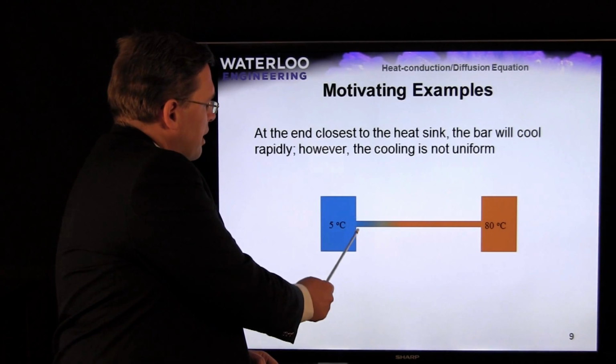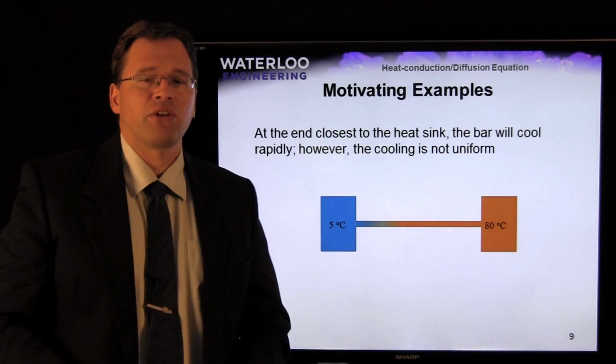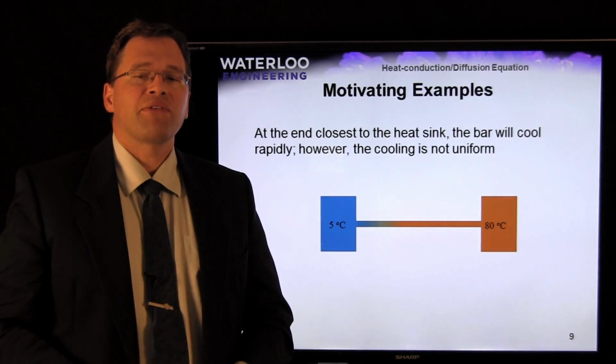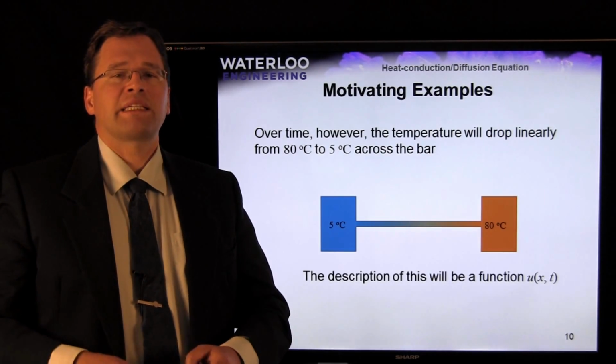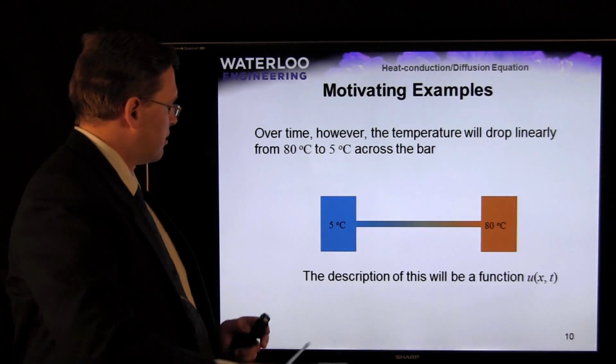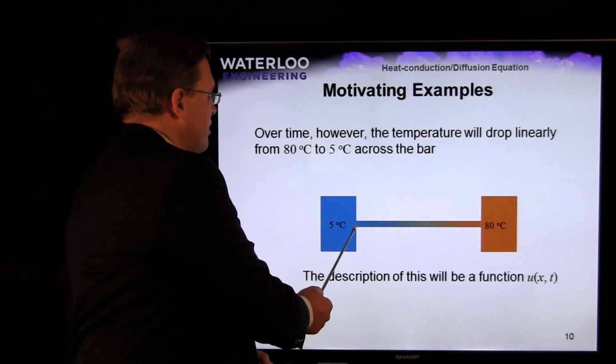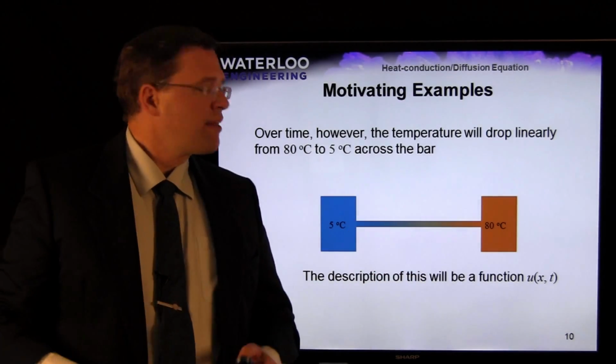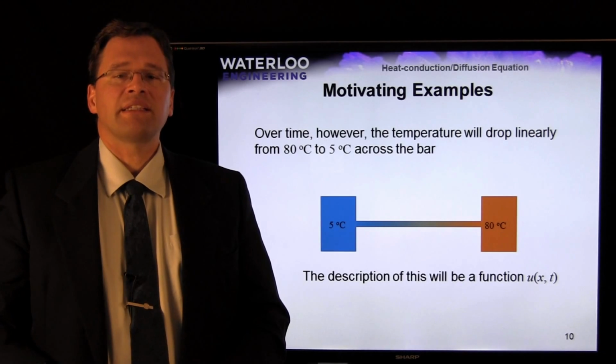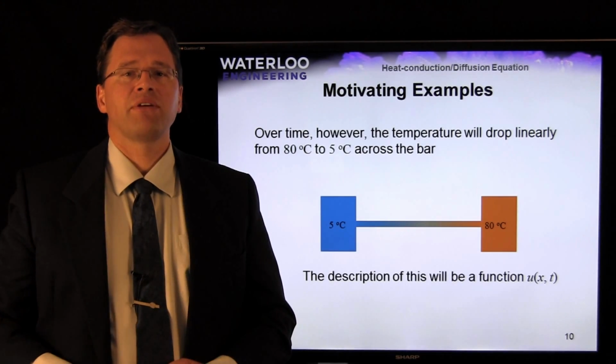Initially, you would expect it to cool down very rapidly close to the cooler body. However, over time, you would expect the cooling to move to a uniform gradient from 80 degrees linearly down to 5 degrees.